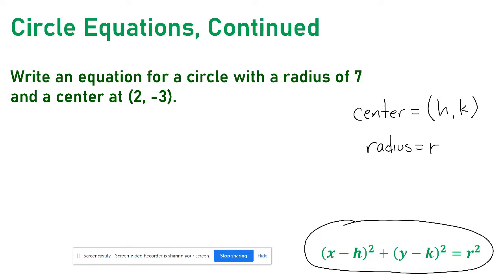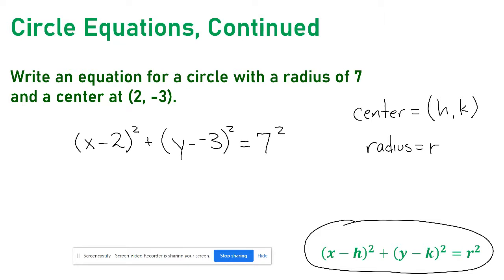In this example, we have all that information. We have the center, we have the radius. We can just plug it into the equation. So we're going to say x minus 2 squared plus y minus -3 squared equals our radius, which is 7 squared.